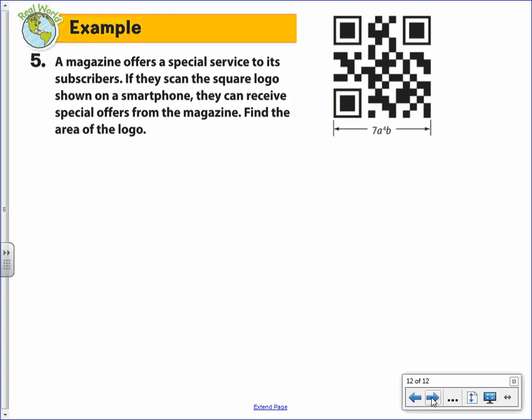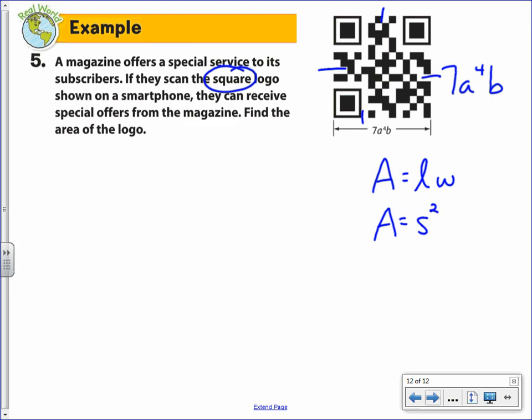If I consider the fact that this is a square, it means that all sides are, what's the word? Congruent. So if that side is 7a to the 4th b, then this side is 7a to the 4th b. So some people say that area of a square is length times width, but some people say that it's side squared because we're multiplying the same number by itself, so we really are indeed just squaring one of the sides.